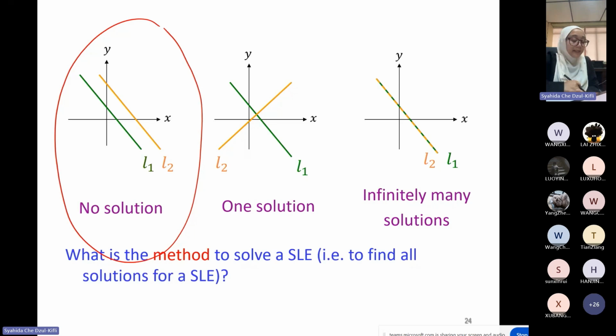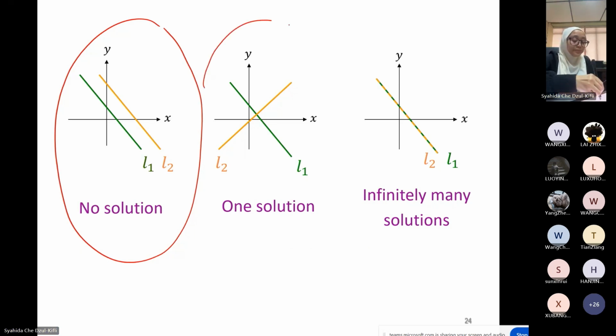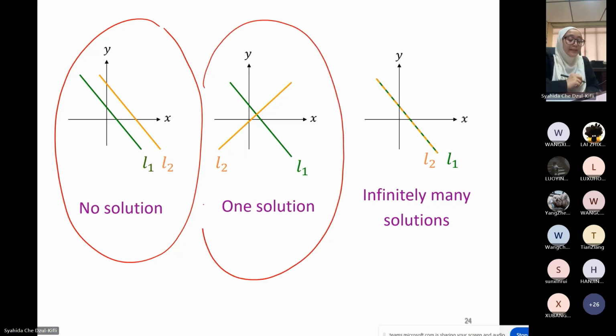Okay. The second possibility is that L1 and L2 intersect at one point. There is no possibility of intersection at finitely many points other than one, because L1 and L2 both are straight lines.